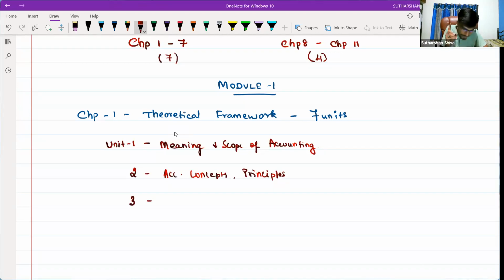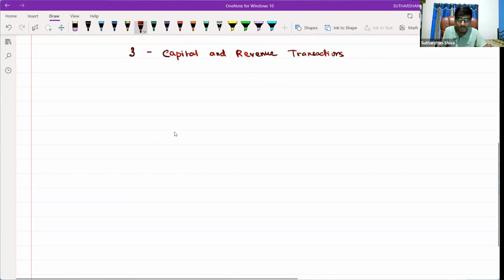Next, unit number 3 is going to be capital and revenue transactions. I'll put it in a very simple way, not going into expenditure and receipts. It is transactions, which include even revenue and even expenditure.